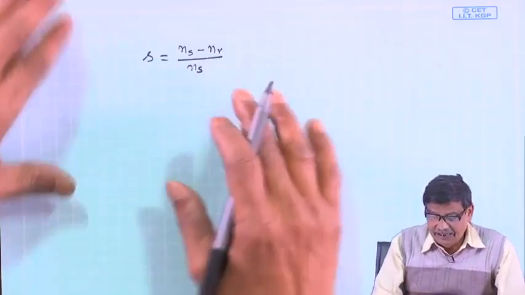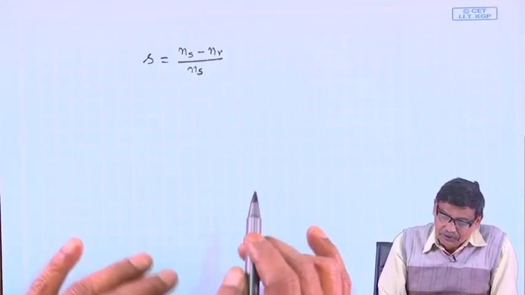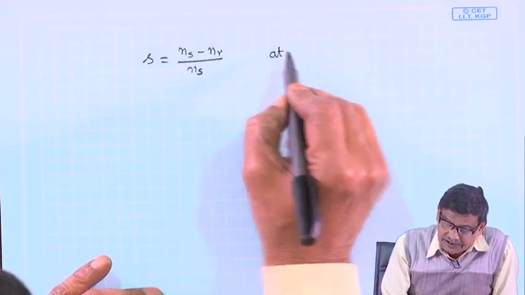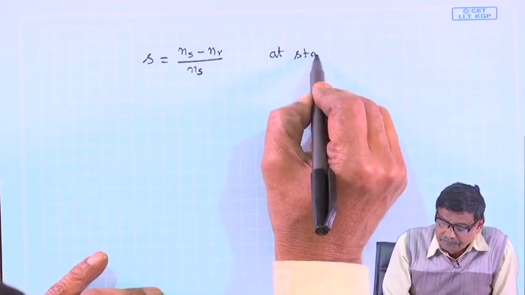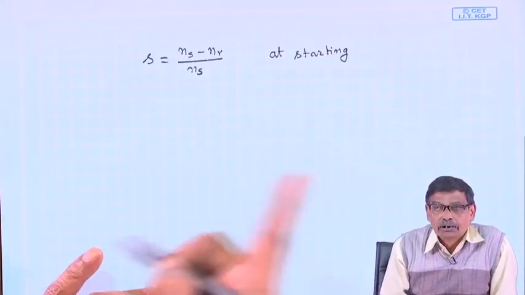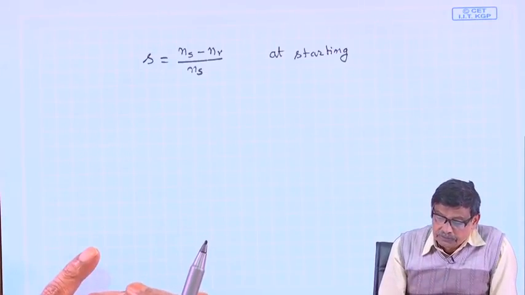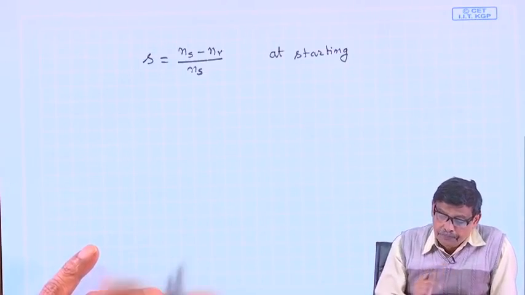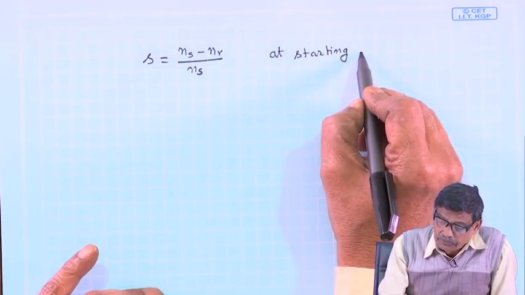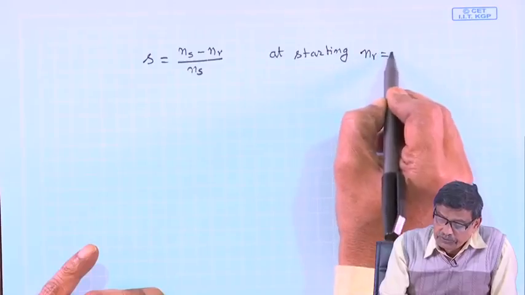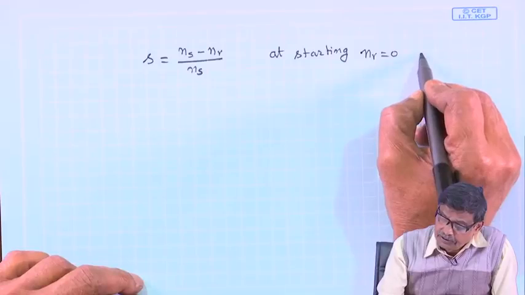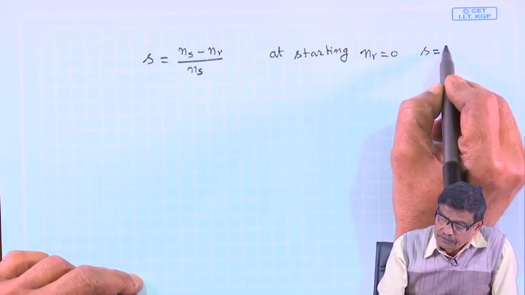At this stage, we can also say at starting of the machine, when you are switching on the supply with rotor circuit closed, then at starting Nr equal to 0, motor is yet to start. So, at starting also S equal to 1.